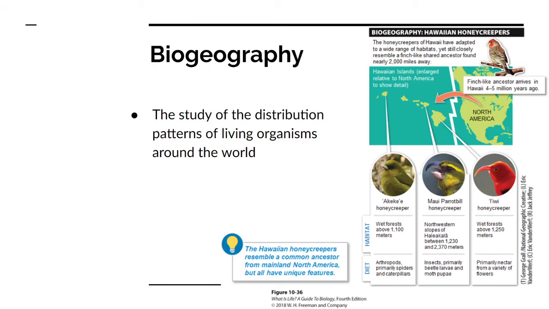All right. So we just gave a whole bunch of fossil information. Now we're moving on to the second topic, which is biogeography. Biogeography is the study of the distribution patterns of living organisms around the world. One instance of this we can see in figure 10.36, which is honeycreepers in Hawaii, which adapted to new environments, but still have a lot of shared characteristics with what we believe to be the ancestors of these organisms.